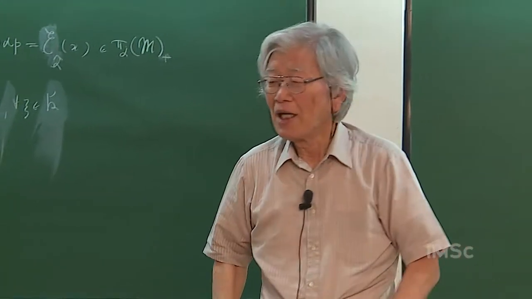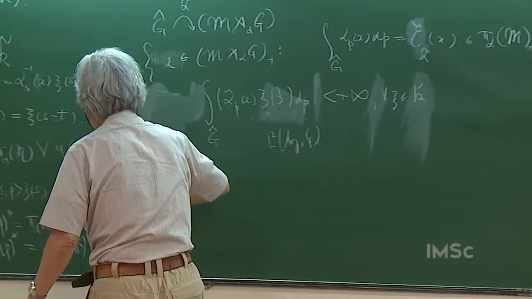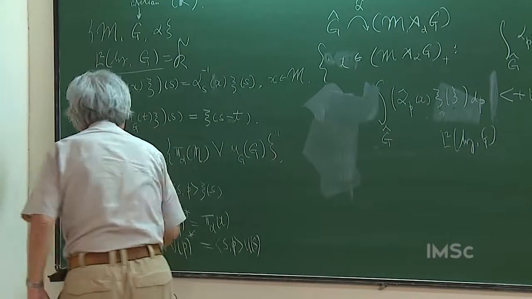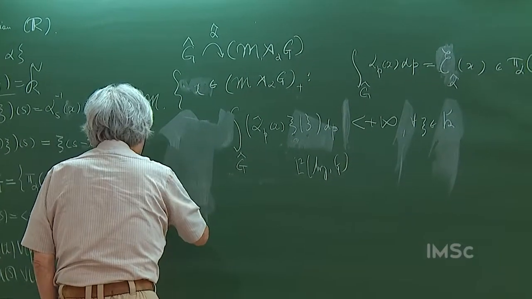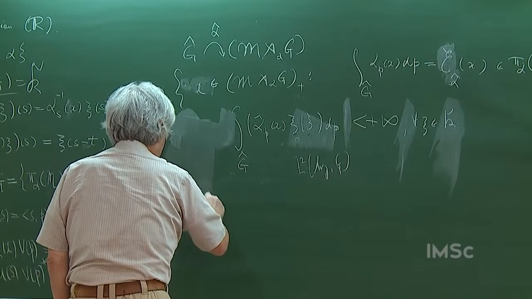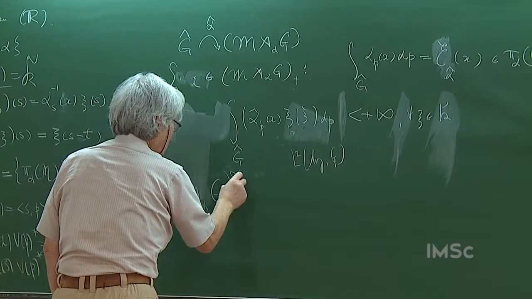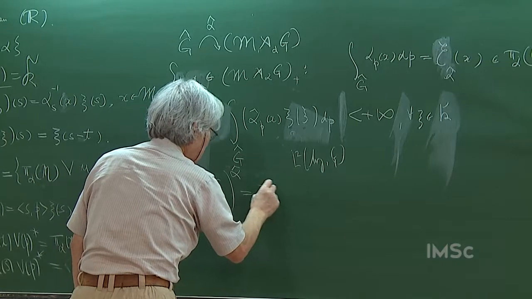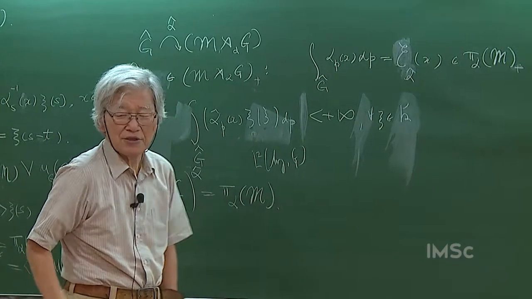Actually, one thing is missing to claim: on this cross product, the fixed point algebra under the dual action is precisely pi_alpha(M). That you have to prove.